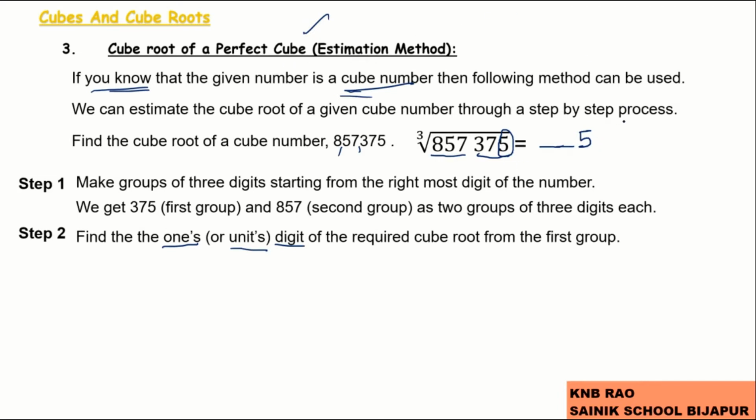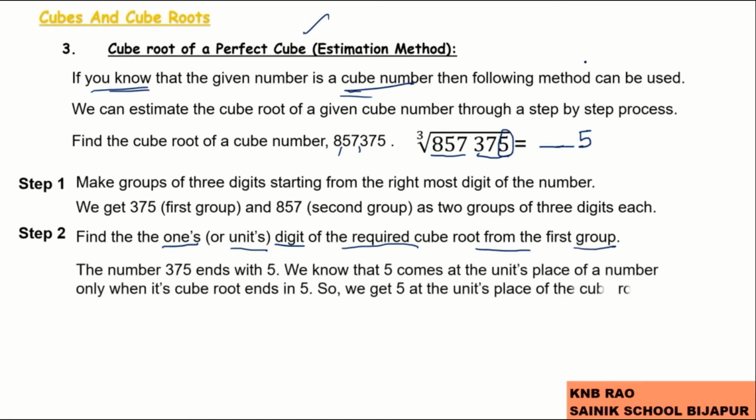By estimation we did this. So for the required cube root, from the first group, we can identify the ones place digit or units place digit. This is step 2. The number 375 ends in 5. So we know that 5 comes at the units place of a number only when its cube root ends in 5. So we get 5 at the units place of the cube root.